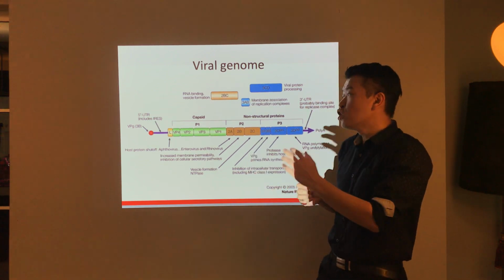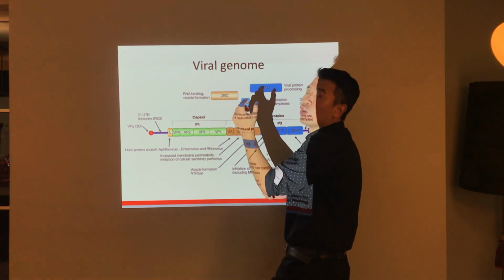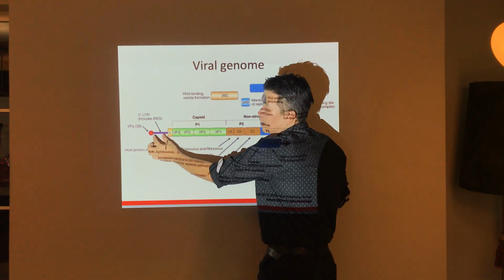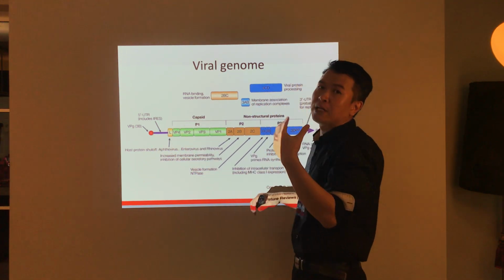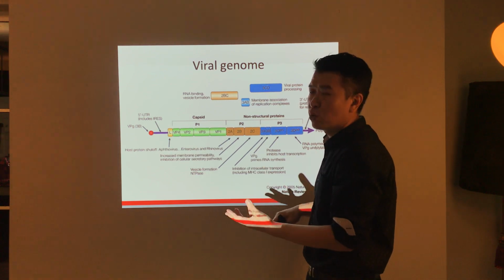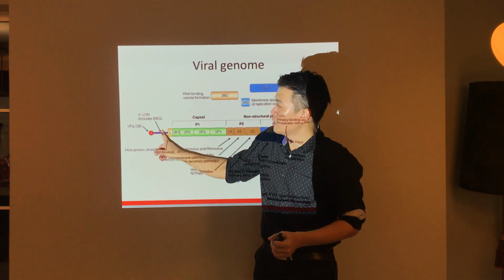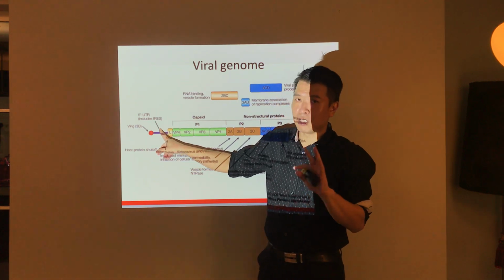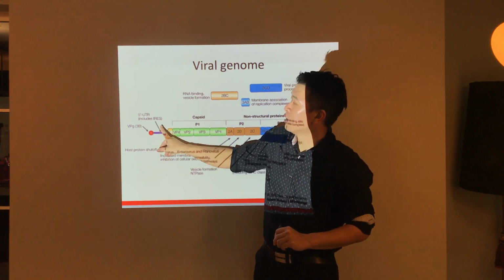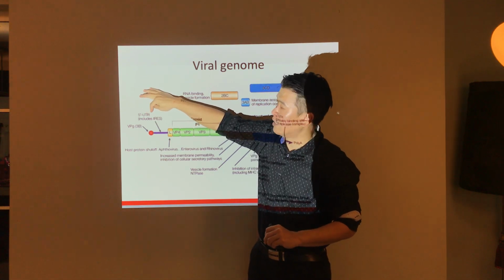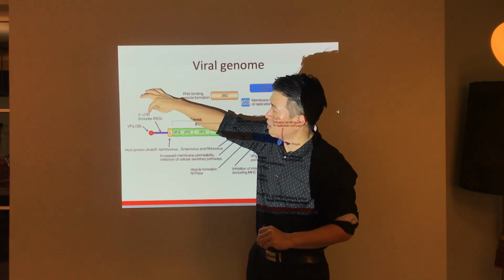However, the genome of the virus also has non-coding regions, meaning the region of the RNA that is not being translated into a protein. So for example here, this is the region of RNA that is not being translated into any protein. This area we call the untranslated region.